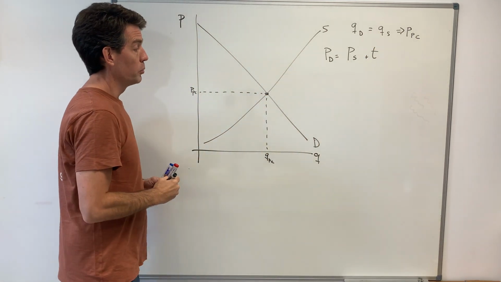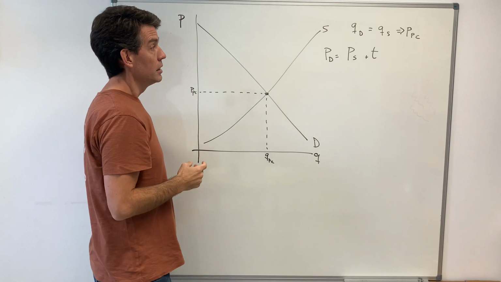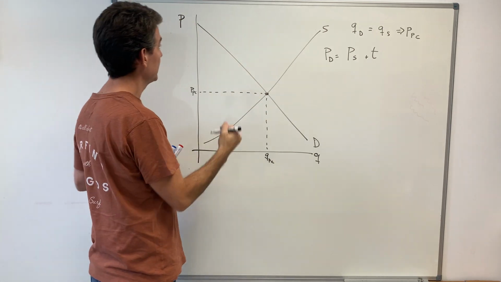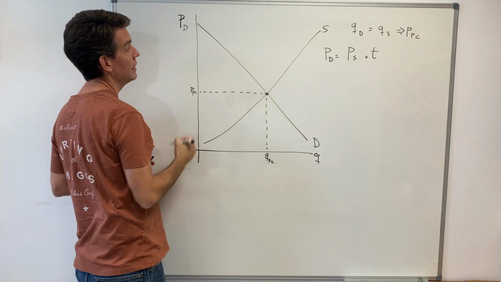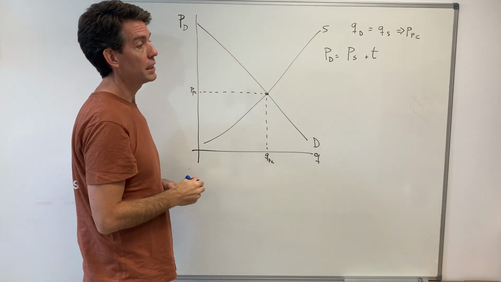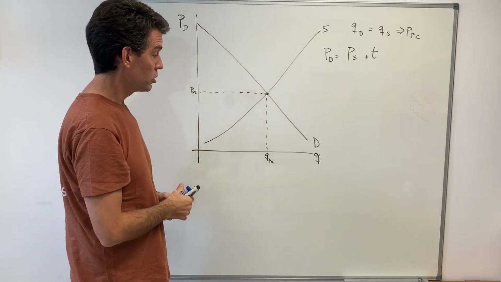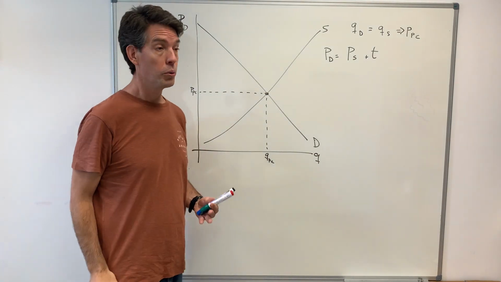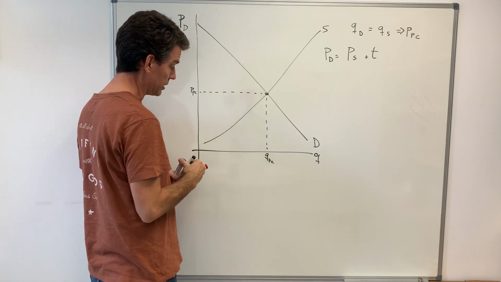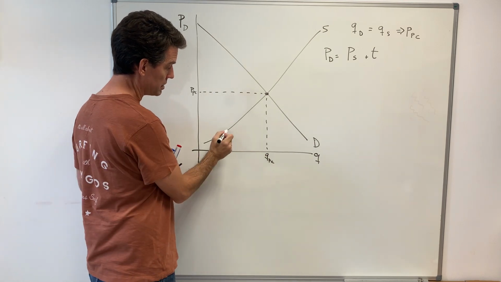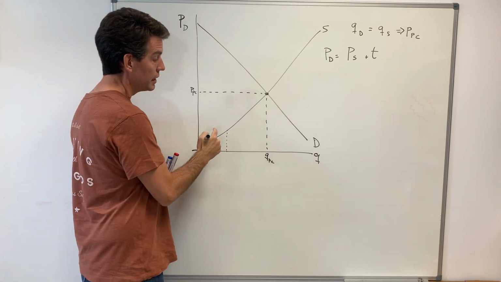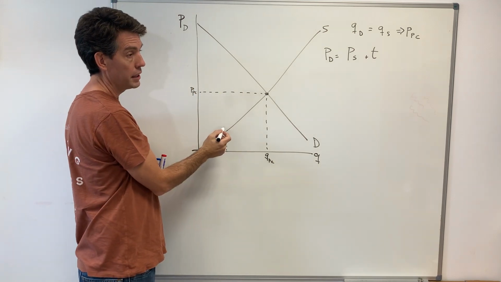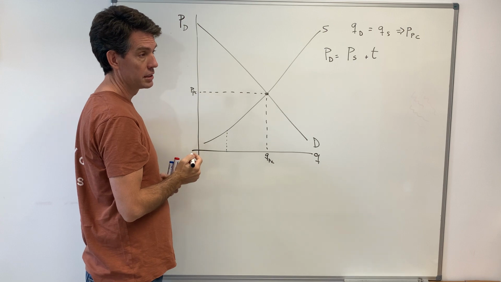What does this mean? Well, it means that now not everything that the consumers are paying, the producers are getting it. So let's assume this is PD, and let's try to draw what would happen if there is taxes in this market. Given that the supply function is the marginal cost function, in order to supply some number of units, for example this number of units, the marginal cost says the minimum price the producer should receive in order to supply that number of units.